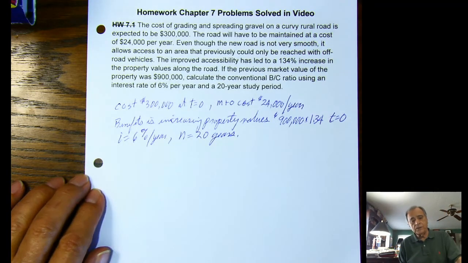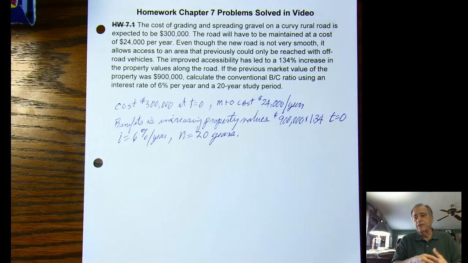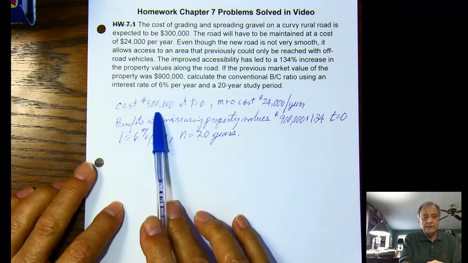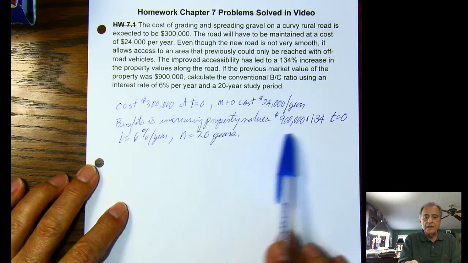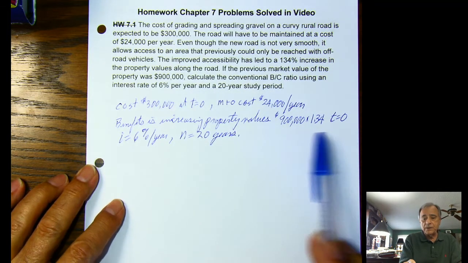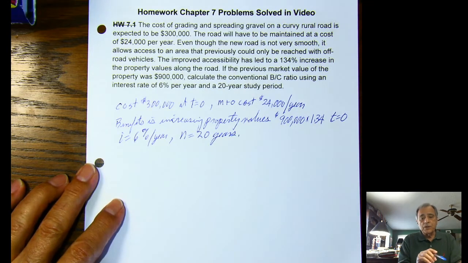So now the first thing when you're doing a benefit cost analysis is you have to decide whether you want to use present worth, annual worth, or future worth of the cost and benefits. So we have basically three items here: the cost to build a road, the M&O cost, and the increased value of the land.